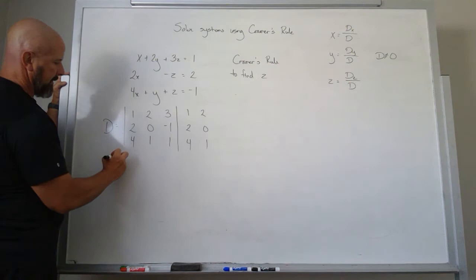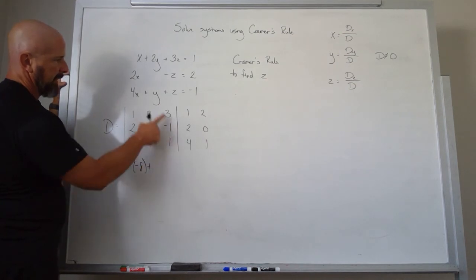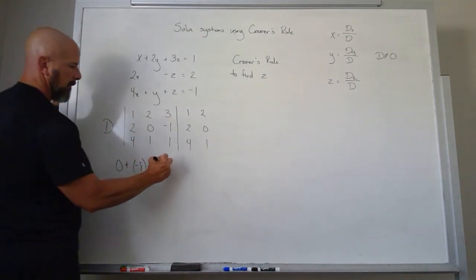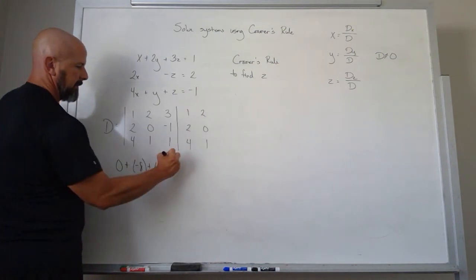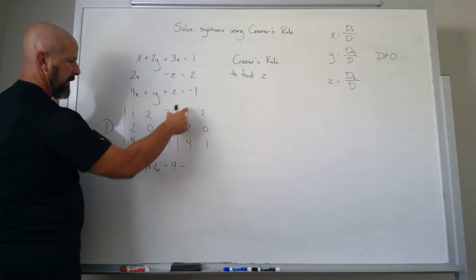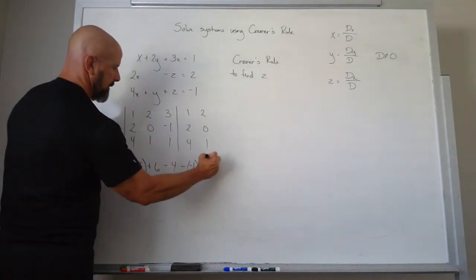So now I go down: 0 plus negative 8 plus 6, minus 4, minus negative 1, minus 0.